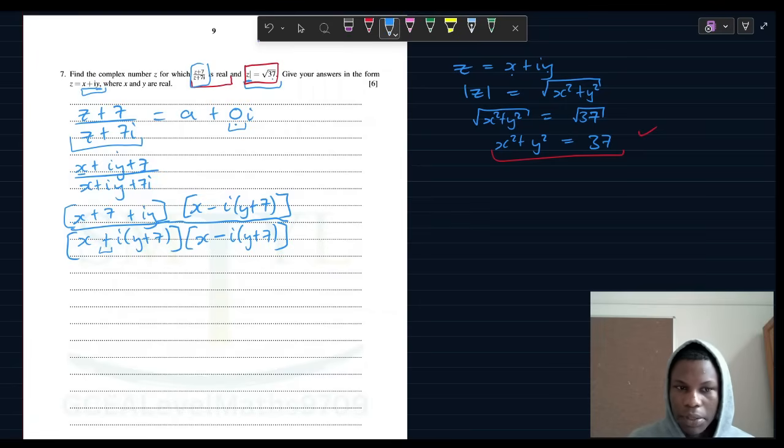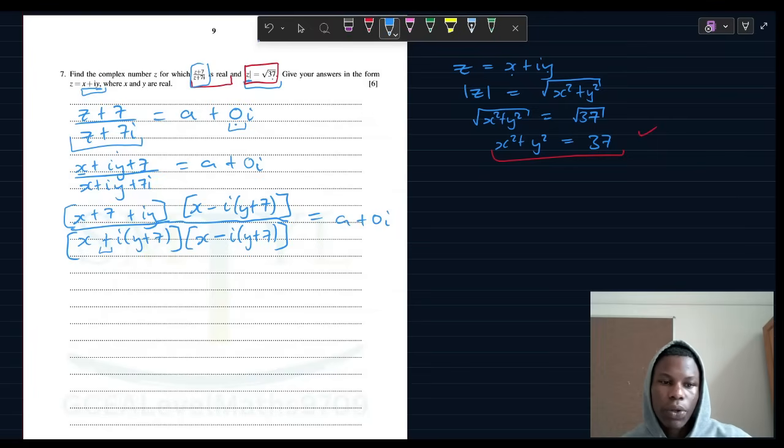Okay. So in the back of your mind, just keep it in mind that this is all equal to a + 0i, right? So now what we're going to do is we're just going to expand everything. I know it looks messy, but let's do it. Maybe for simplicity's sake, let's keep this together as the real part.